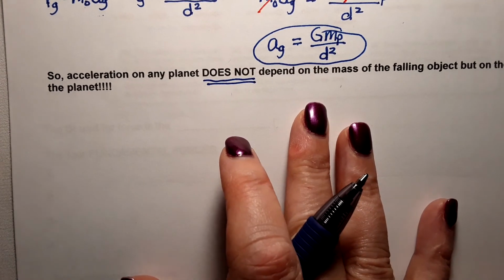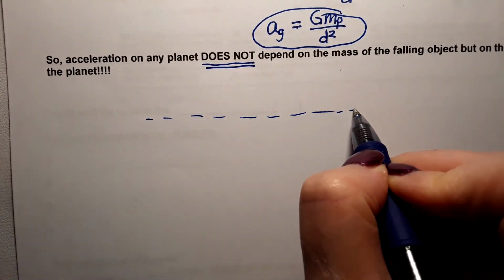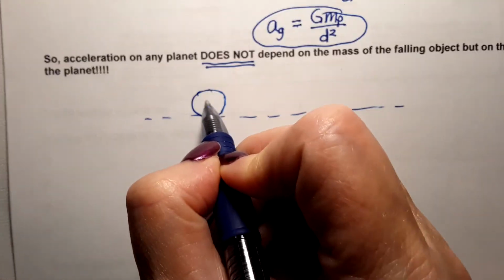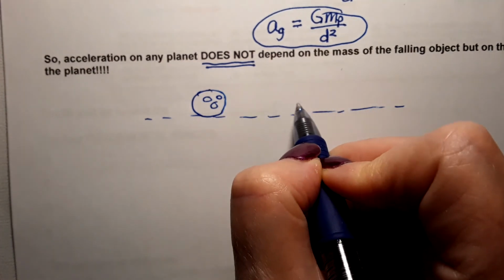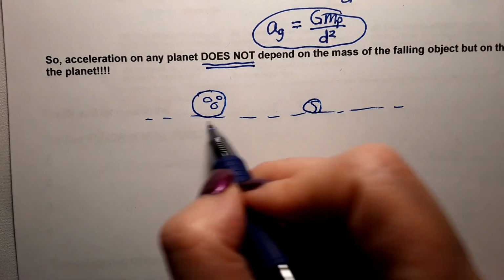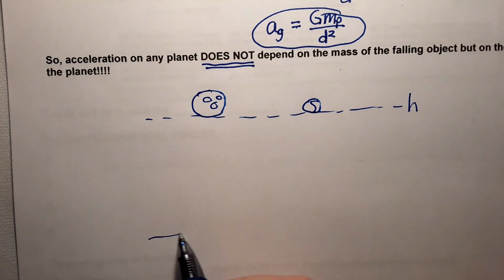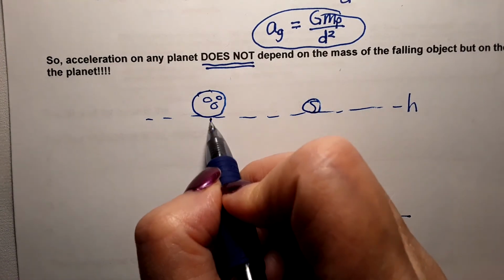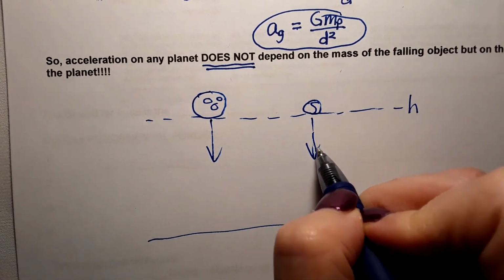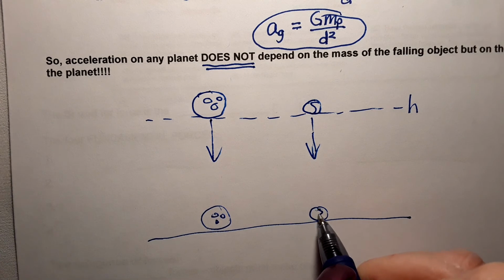So look here. Let's say that I had a bowling ball and a tennis ball, and I dropped them from the same height at the same time. Which one would reach the ground first? Neither. They'd both hit the ground at the same time.